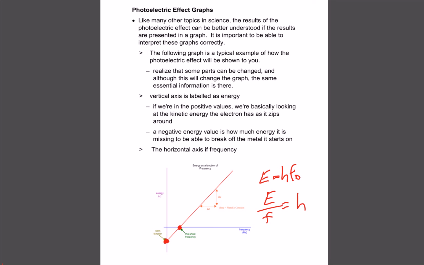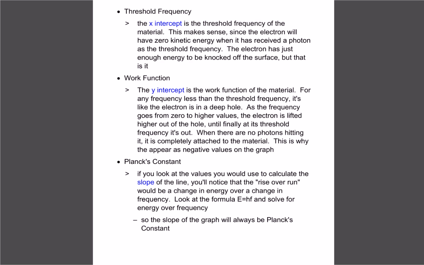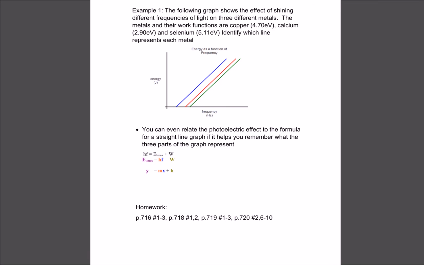And it doesn't have to be F0, I just picked that formula, but it works with any frequency. So you can see then rise over run, which is slope, which in this case is energy over frequency, ends up being Planck's constant. So the slope of the line will always be Planck's constant. And because it's constant, it's going to always be the same.